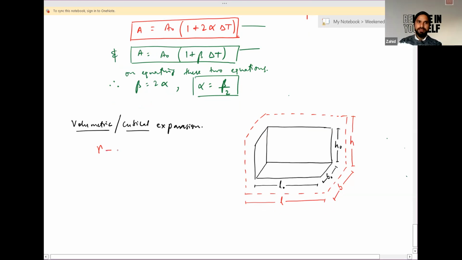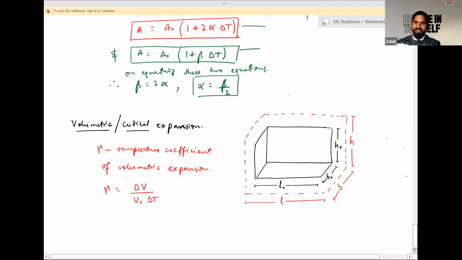It is called the temperature coefficient of volumetric expansion. So gamma equals change in volume divided by initial volume times the change in temperature.